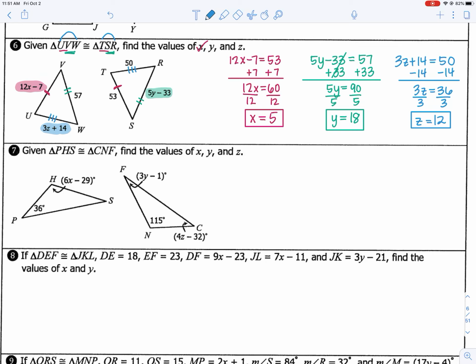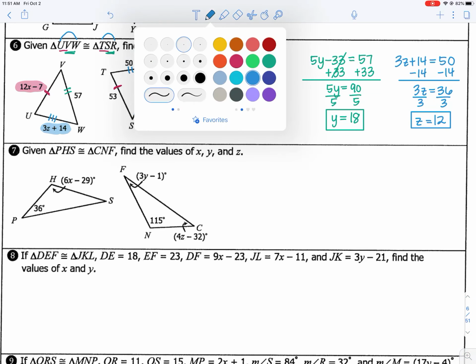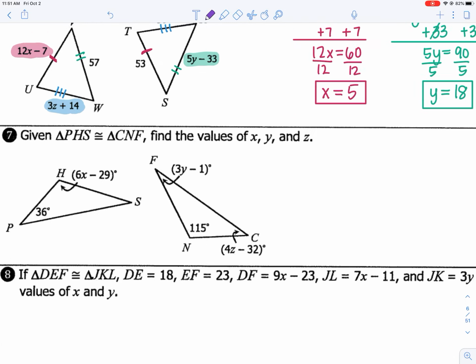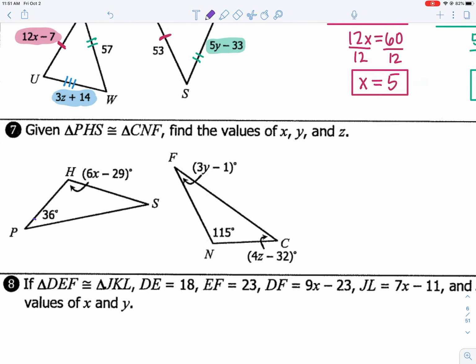Now on number 7, you are given 2 triangles and you're given their angle measures. So this time I'm going to go through and mark everything first before I even start doing any math. So I see angle P is congruent to angle C. So those are going to have 1 tick mark.